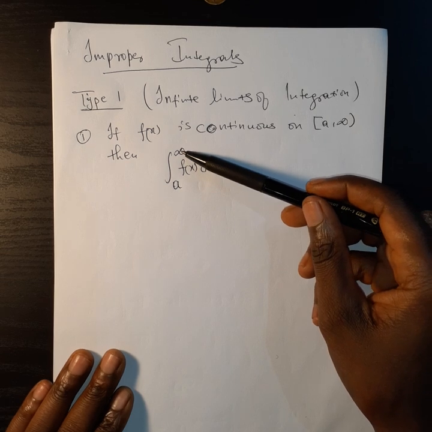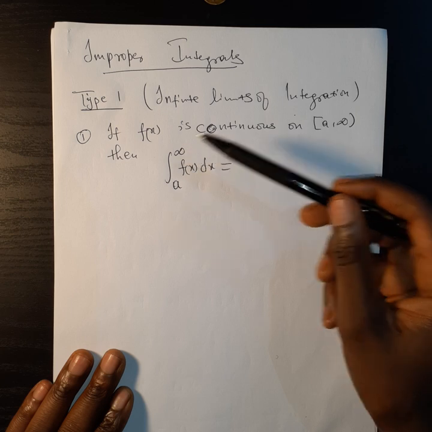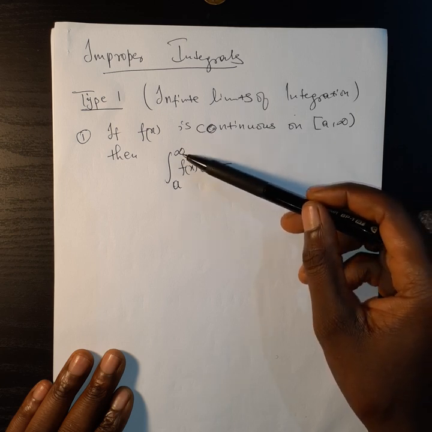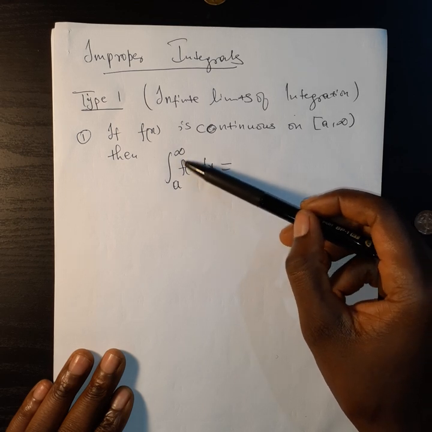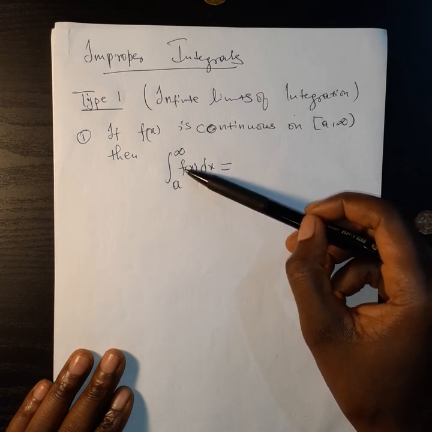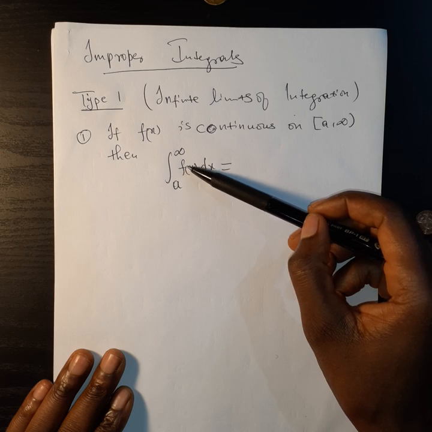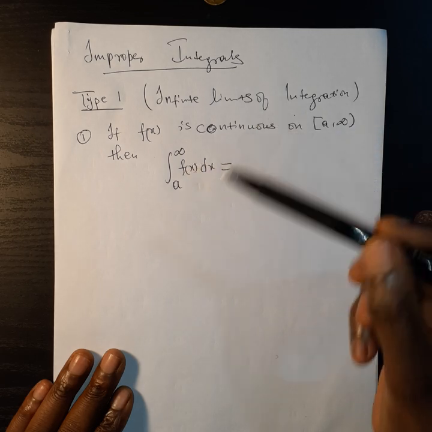Because we understand that we have infinity there, and infinity is not necessarily a number but just a symbol, and we cannot reach that. In other words, we cannot just substitute infinity after finding the indefinite integral in order to get the number or the definite integral.